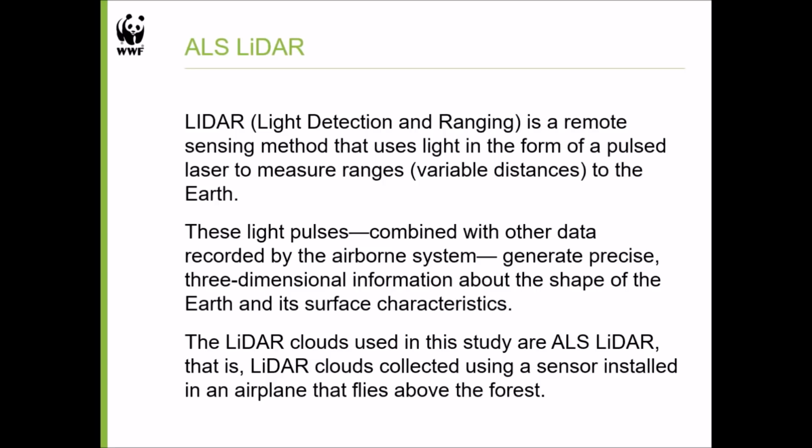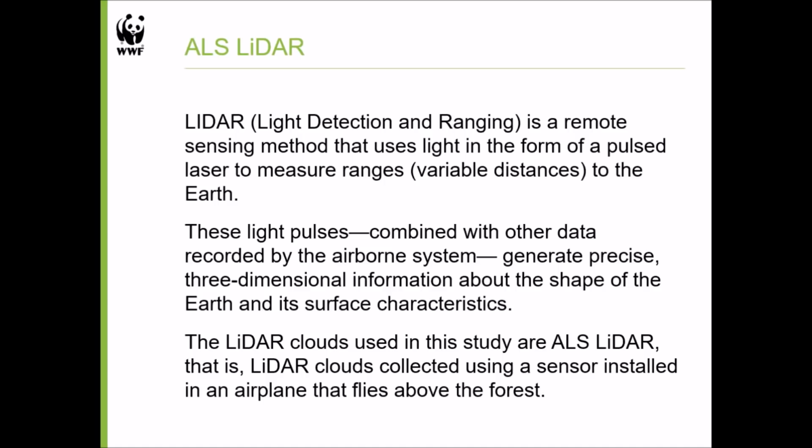This LiDAR process creates three-dimensional information, solid information about the targets. This is very nice because LiDAR is the only sensor, or the best sensor, to give us the information about the vertical distribution of biomass, of objects, okay?